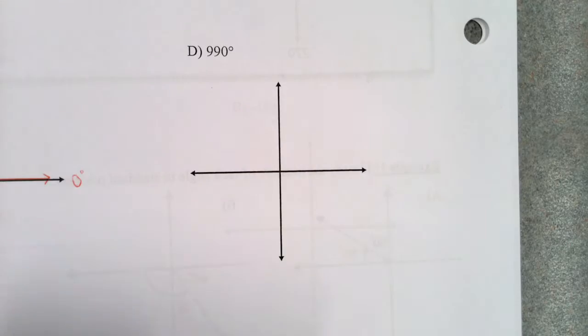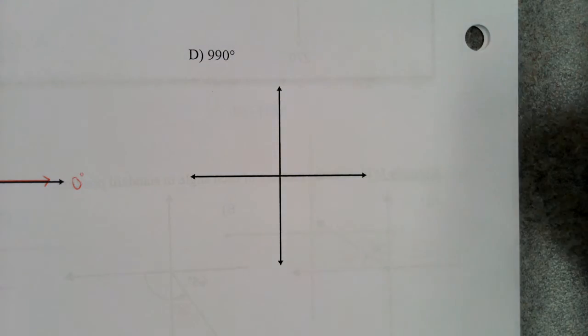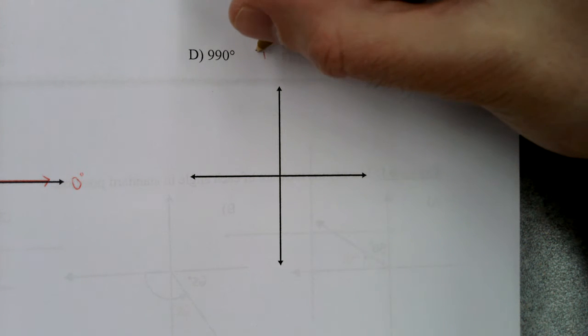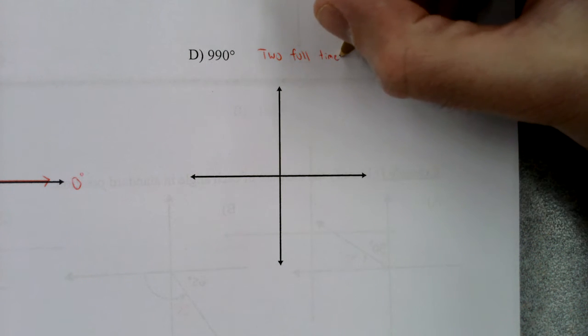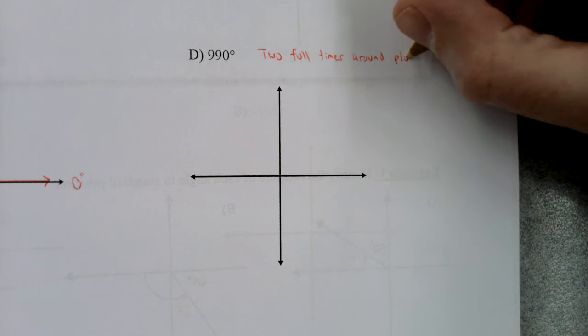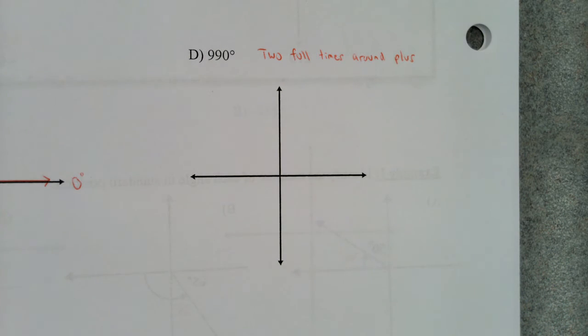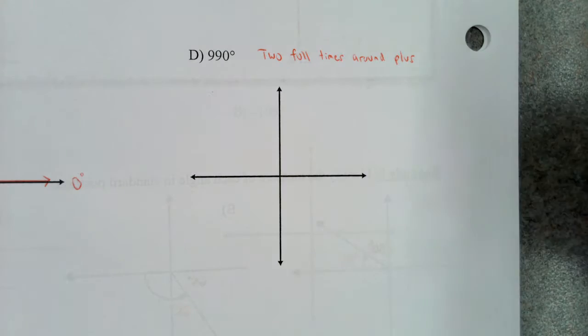So this is going to be 2 full times around plus, jot this down over here, 2 full times around plus, if I do 990 minus 720, that gives me 270. So it's 2 full times around plus another 270.